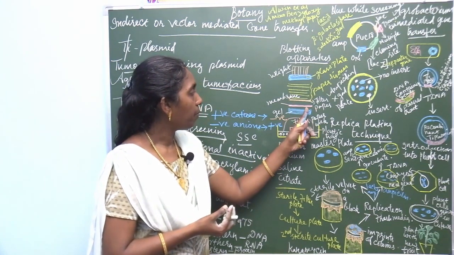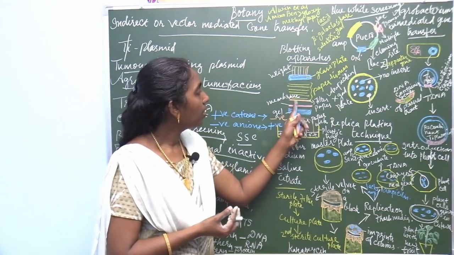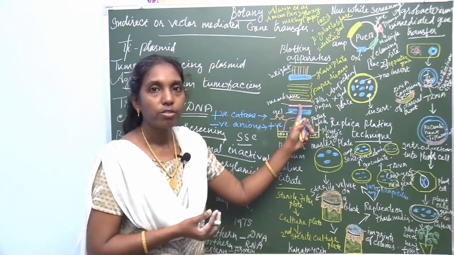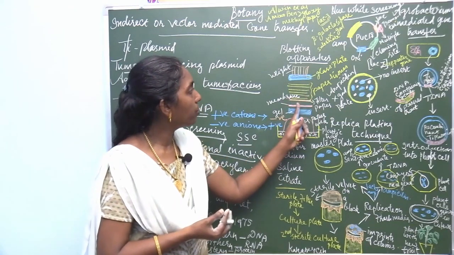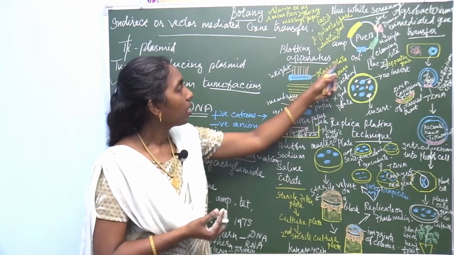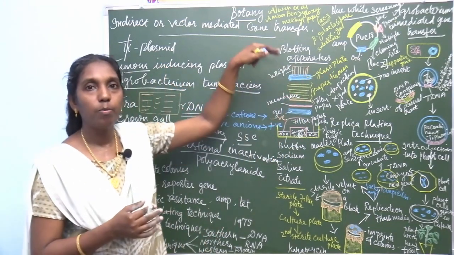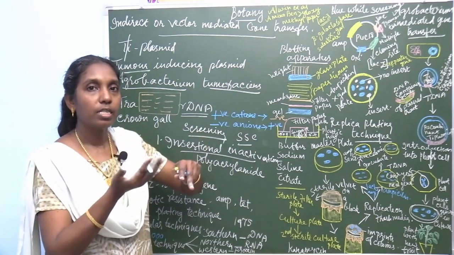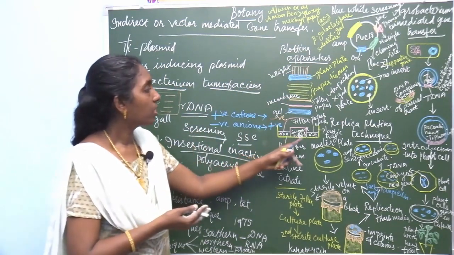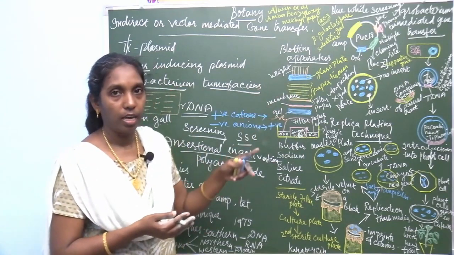This is the filter paper, and here is the nitrocellulose membrane, with tissues present here. Here is the glass plate with a weight on it.